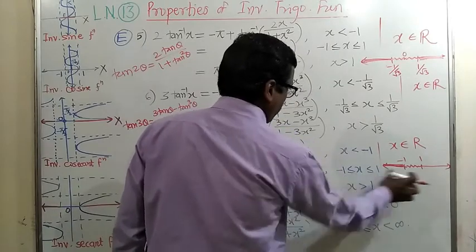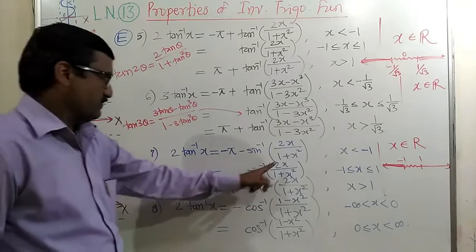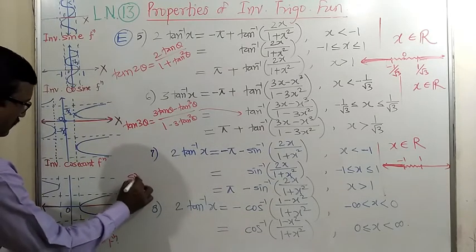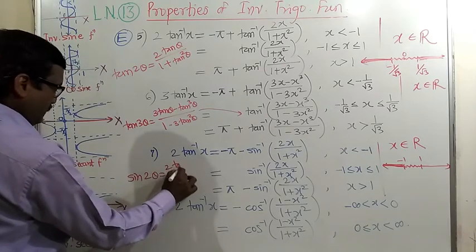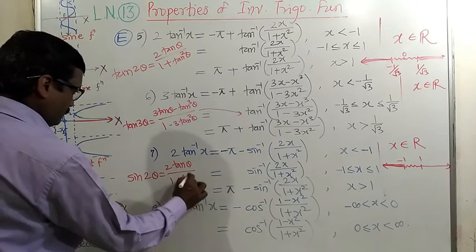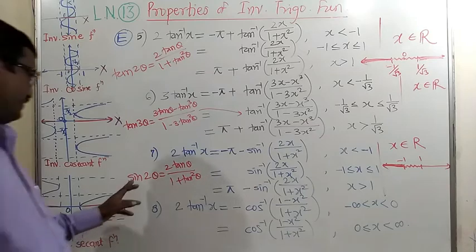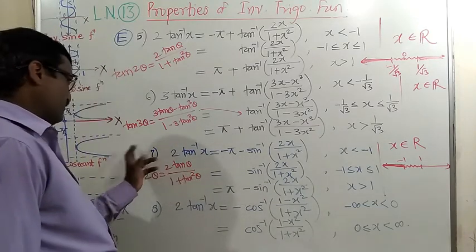Whenever x is from minus 1 to 1, then 2 tan inverse x is equal to sin inverse of 2x upon 1 plus x square, because you know the formula of sin 2 theta in terms of tan theta is 2 tan theta upon 1 plus tan square theta. So use this formula here. This sin inverse will go to the right side and this tan will go to the left hand side.